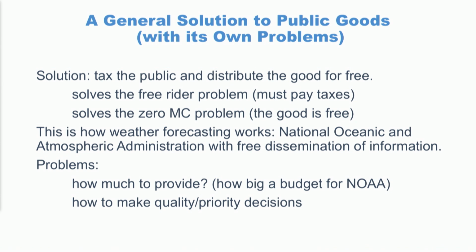We probably can't afford to finance all of them for free. We have to make some choices, and therefore we need some basis for making a choice. So the solution, quote unquote, to public goods doesn't answer all the questions, but at least it opens a door to thinking through what a policy should look like.